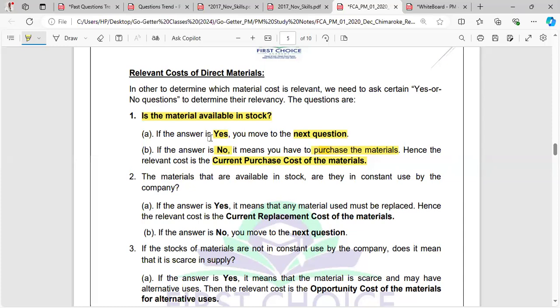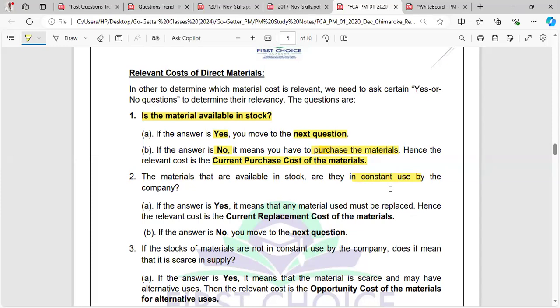So what if you answer yes, that the material is in stock? The next thing you will do is move to the next question. The next question is: the material that you say is available in stock, is it in constant use by the company? So it means the flour is available in the store.